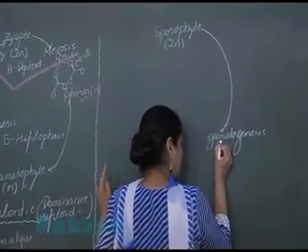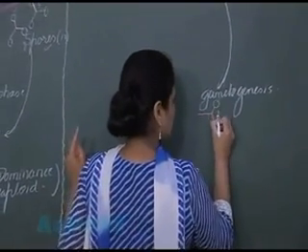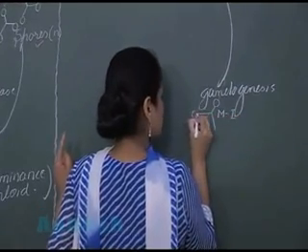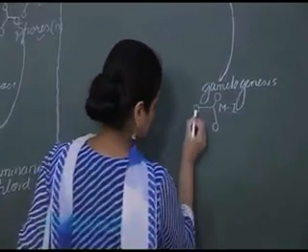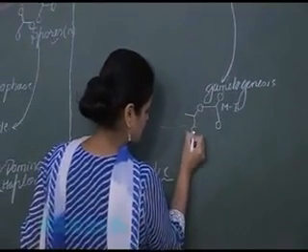So this one cell, after meiosis 1, results in the formation of two daughter cells. अब ये जो दो सेल यहां पर बने, they will undergo meiosis 2.